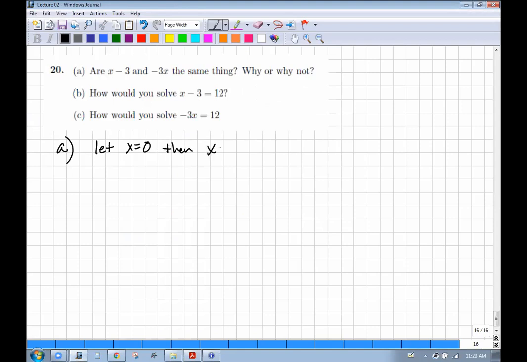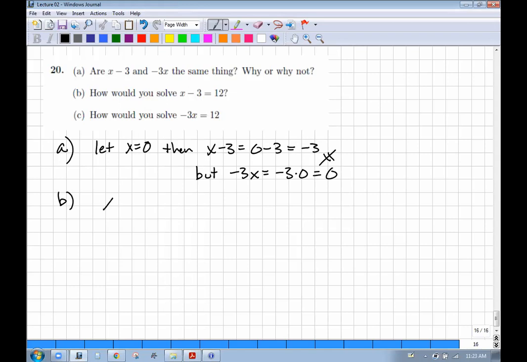Then x minus 3 would be 0 minus 3, which is negative 3. But negative 3x would be negative 3 times 0, which is 0. Negative 3 is not the same thing as 0, right? So right there, we showed that they're not the same thing. We just picked a number, plugged it in for x, and showed they're not the same.